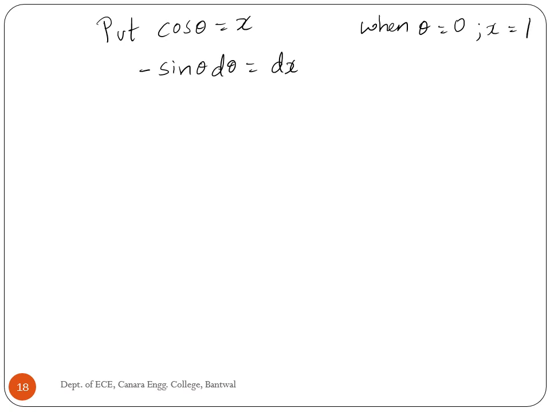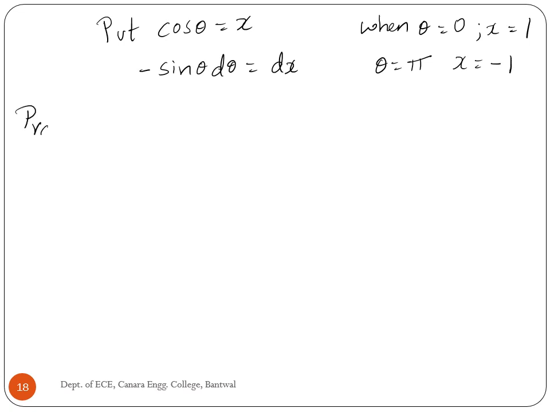Put cos theta is equal to x, minus sin theta d theta is equal to dx. When theta equal to 0, x equal to 1. When theta equal to pi, x equal to minus 1.